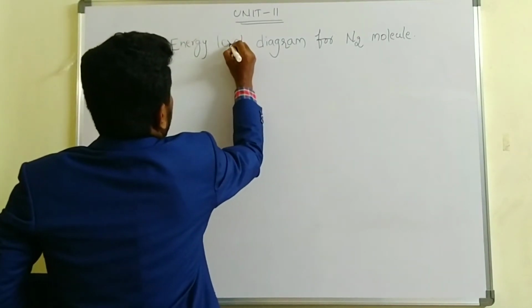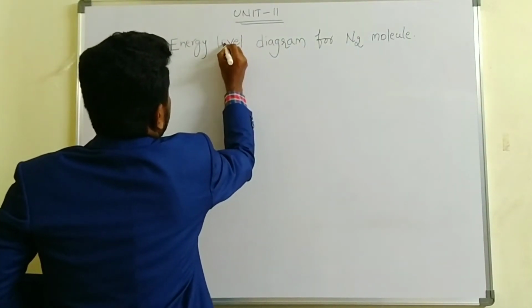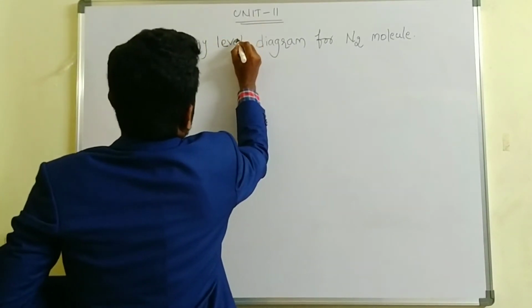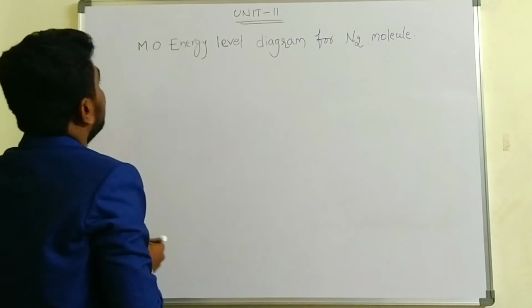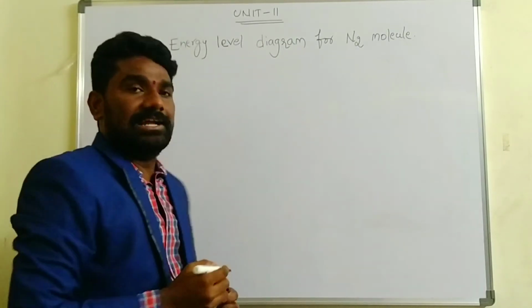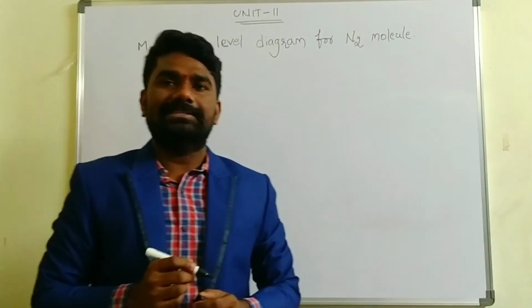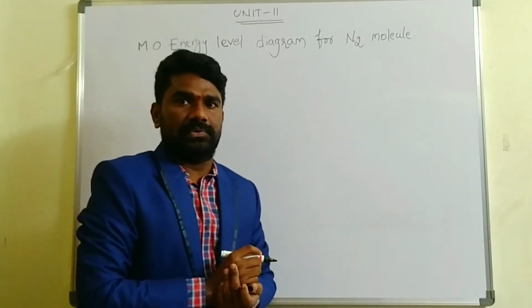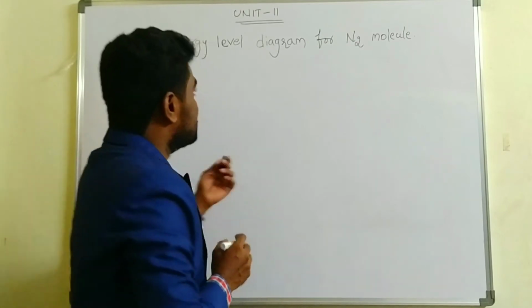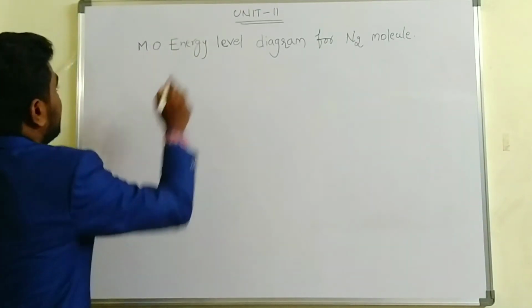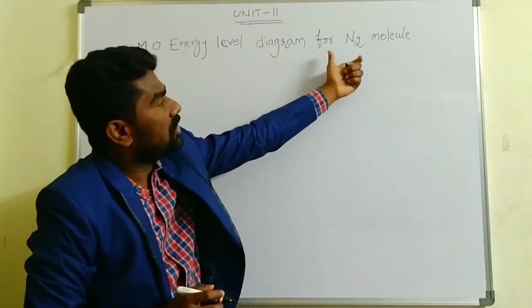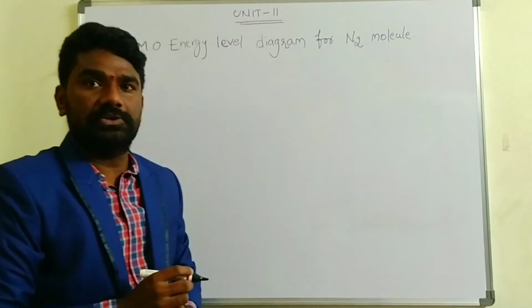Okay, if you observe clearly, you can easily understand the concept of the construction of the molecular orbital energy level diagram. Otherwise, you will get confused. Okay, so observe closely. First, we are going to construct the molecular orbital energy level diagram for the nitrogen molecule.